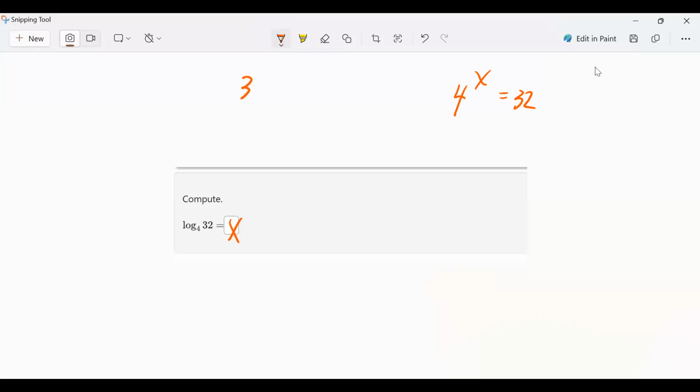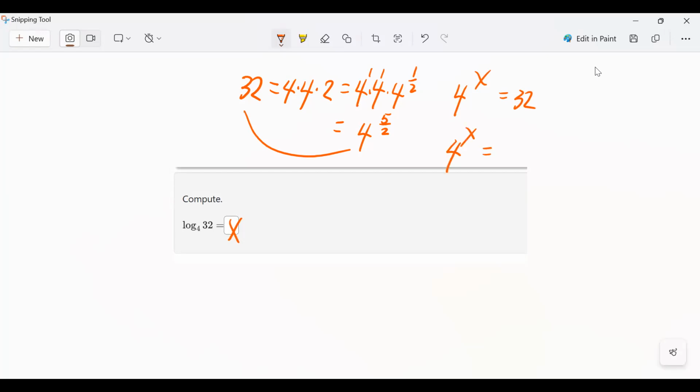We can do 32 is equal to 4 times 4 times 2, and 2 is 4 to the half. But again, it's harder to do it this way, right? So it'll be 4 to the 2.5, which is 5 over 2. So 32 equals 4 raised to 5 over 2.